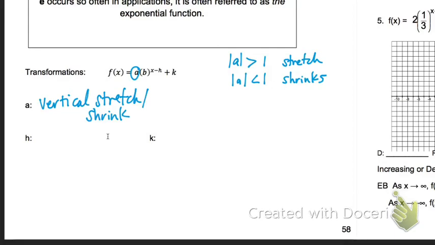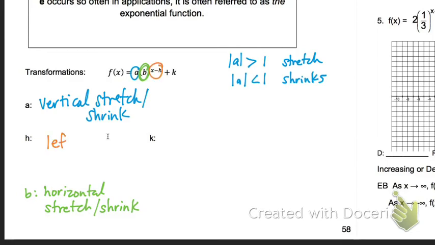I don't have this written, so we're going to add it, but B, which is the number in parentheses, is a horizontal stretch or shrink. H tells me how it shifts, left or right.